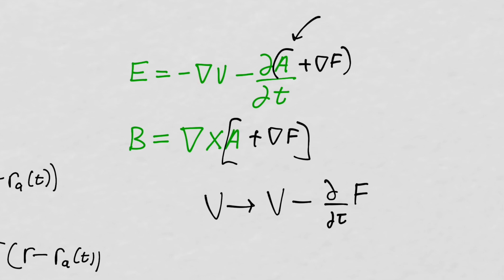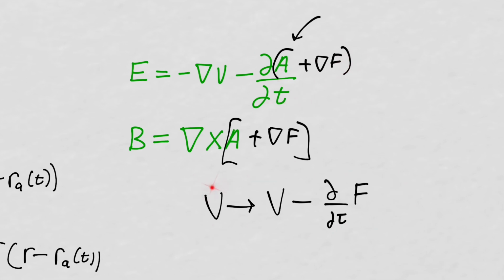Because you'll now have the gradient of V, which is what this term is, and then you'll have the gradient of the time derivative of f, and you have that minus sign here, which cancels that minus sign here. So it ends up being plus the gradient of the time derivative of f, which will cancel the minus gradient of the time derivative of f here.